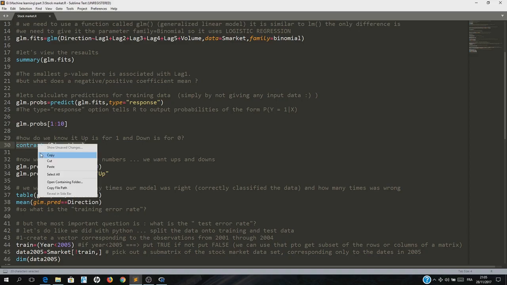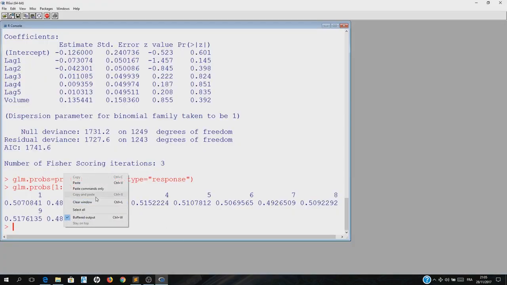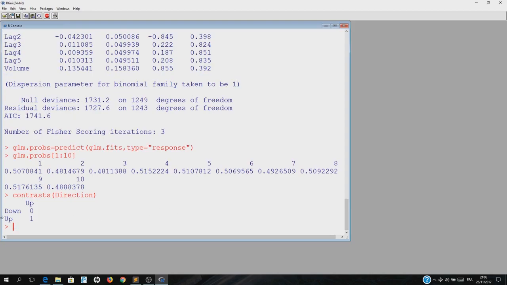We can see the contrasts that were provided by R, because R automatically creates its own interpretation. You can see here that down means 0 and up is 1. So this is 1, this is going up, down, down, down, up, up, up, down, up, and down.